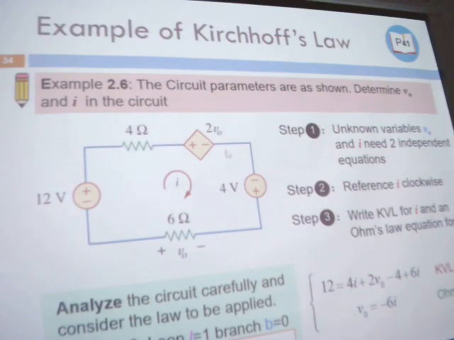This is because we need to add one equation for the controlled source. So if we see any controlled sources in the circuit, we must know we have to add one more equation. Understand?